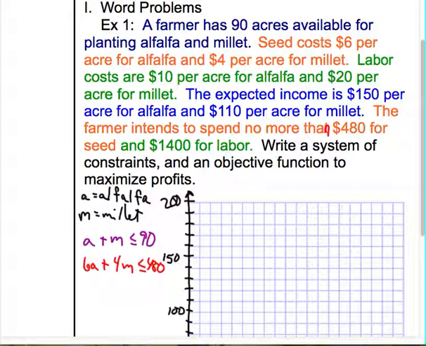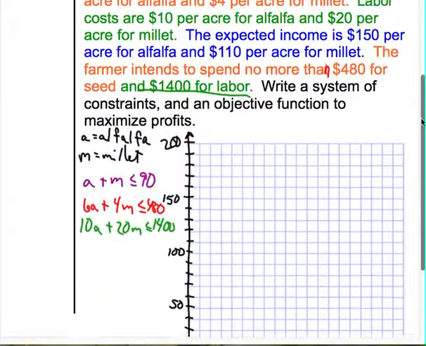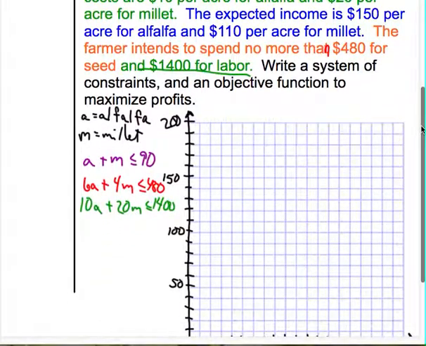All right, our green sentence is labor costs. $10 per acre for alfalfa plus $20 per acre for millet, and we want to spend no more than $1,400 on labor. All right, the next piece of information that we're looking at is our expected income. We want an objective function to maximize profits.